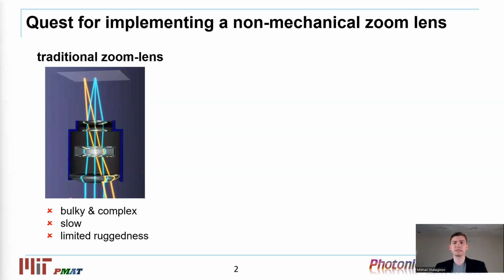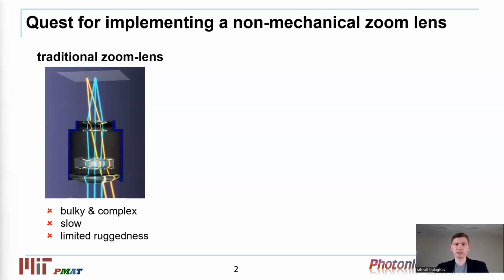This movement changes the effective optical length, causing a change in magnification. Ideally, it should be done without any focus readjustment. The main drawbacks of such an approach are increased size, weight, complexity, reliability, and speed.